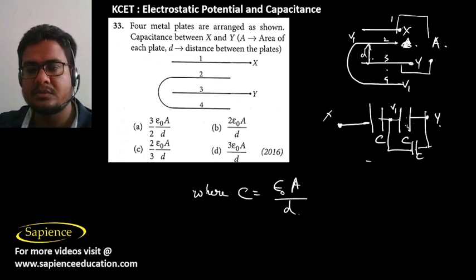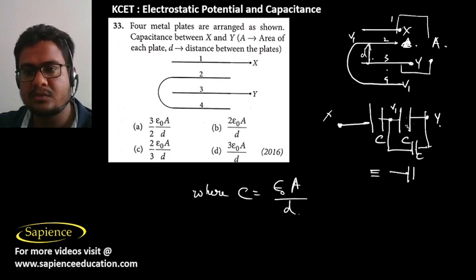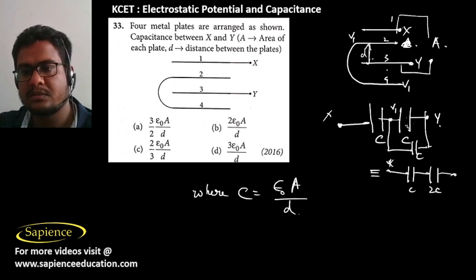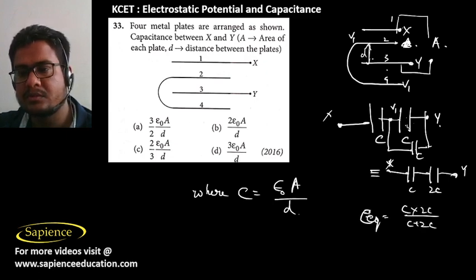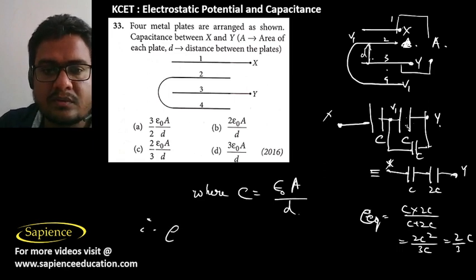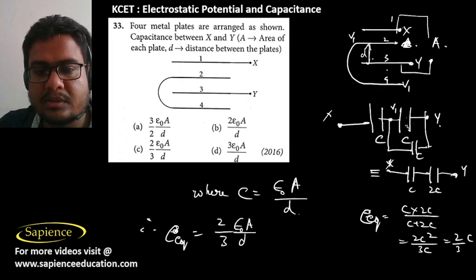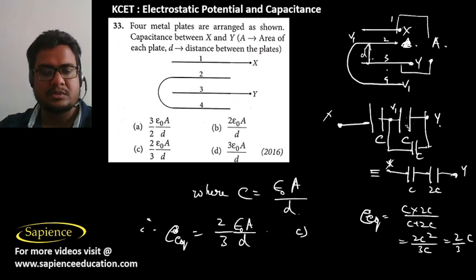This can be written as C and 2C between X and Y, connected in series. Therefore C equivalent is C into 2C by C plus 2C, which is 2C square by 3C, that is 2C by 3. Since C is epsilon naught A by D, the equivalent is 2 epsilon naught A by 3D. Option C is the correct answer.